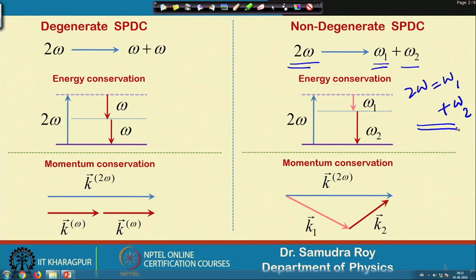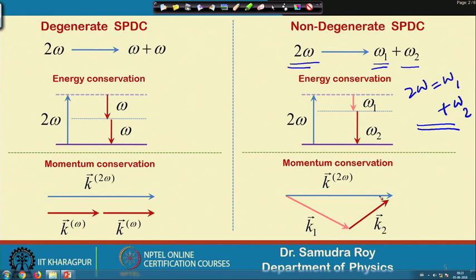This is a non-collinear phase matching, where this is k 2 omega, the momentum vector, and k 1 and k 2 are the corresponding momentum vectors of the omega 1 and omega 2 fields. They are not necessarily in the same direction, but the phase matching can still be possible with this non-collinear structure. So, degenerate and non-degenerate are very important.